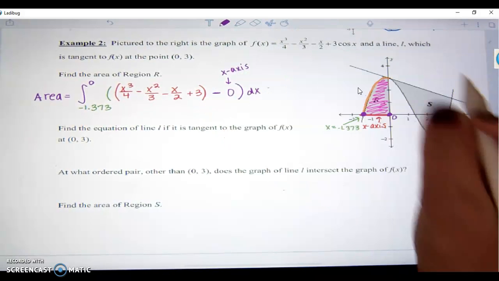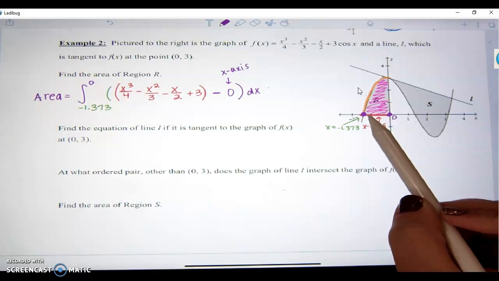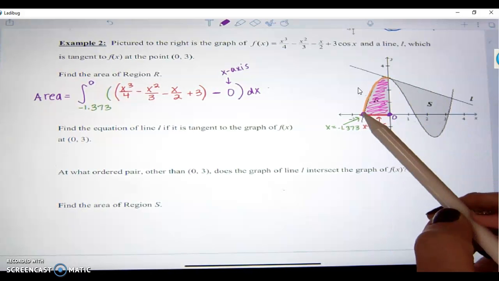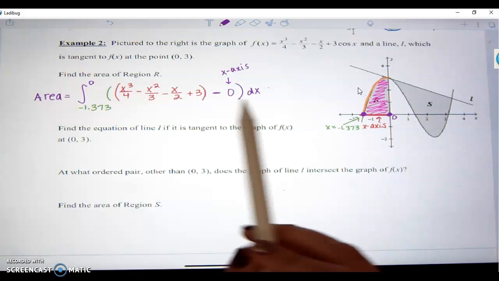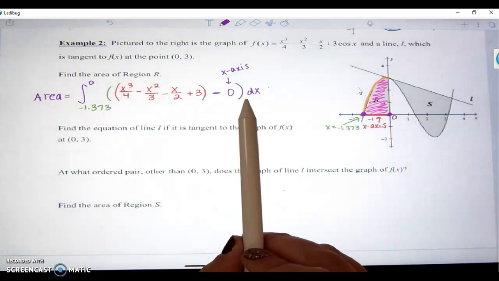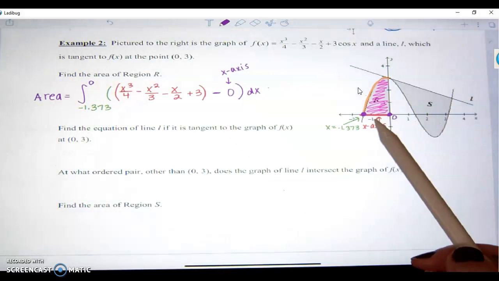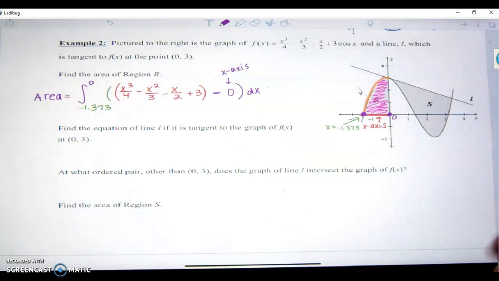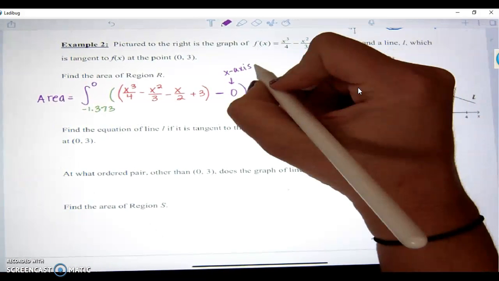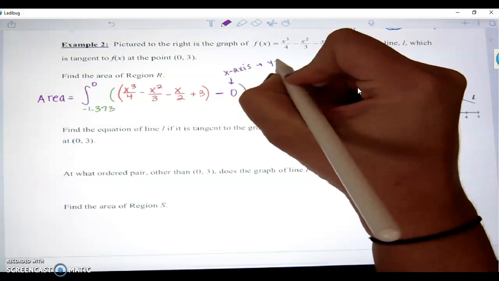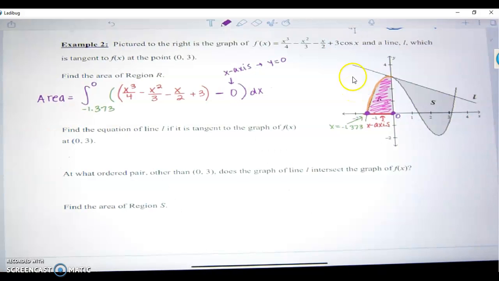But here's the thing. This is really just one curve, okay? This is really just the area underneath the curve. We're not really using two curves because we're using the x-axis. So you don't have to technically put that 0 there, but if you do to represent it, that will work. The x-axis does represent y equals 0, so that's why we put that in there.